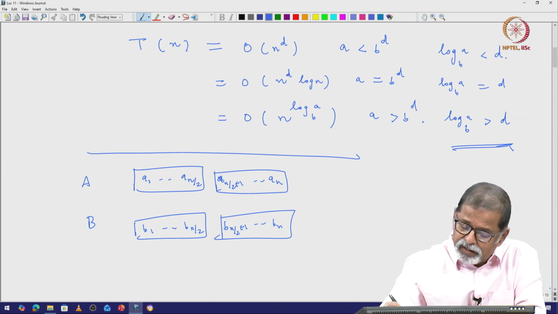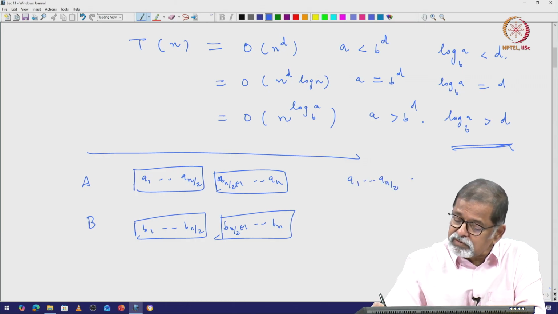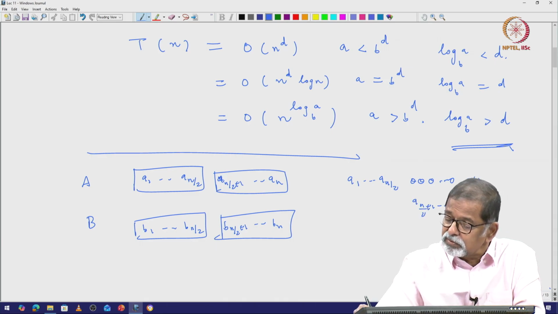I write a as a1 to a n by 2 followed by n by 2 zeros, plus a n by 2 plus 1 to an.